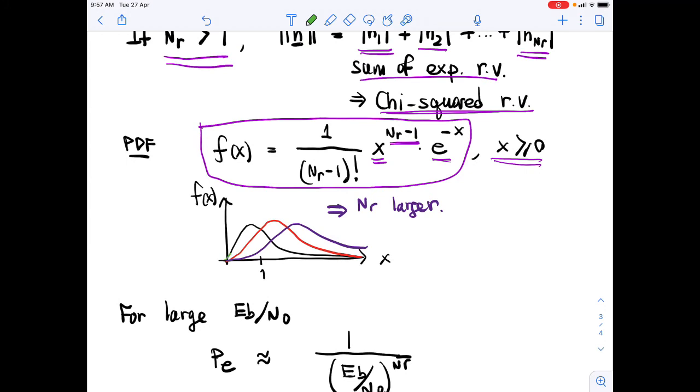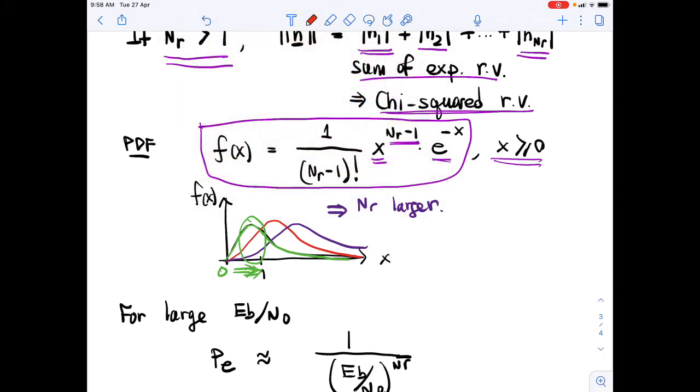So first, if nr is small, this is the graph of the PDF. You see that it's shifted away from 0, going in this direction. So that means it's likely that the value of the random variable is going to be close to 1 or even bigger than 1.